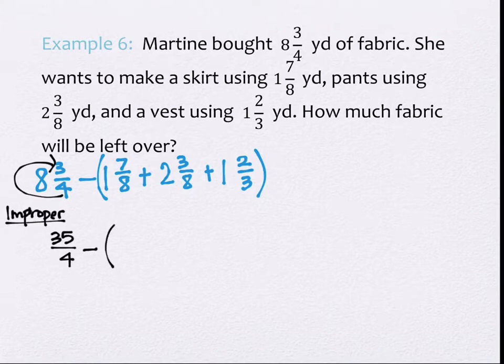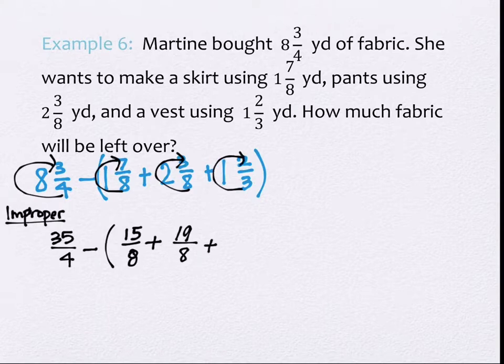And then inside my parentheses, I have 8 times 1, 8, plus 7 would be 15, so 15 over 8, plus, and we do the same thing, 8 times 2 is 16, plus 3 is 19 over 8. And the last one, 3 times 1 is 3, plus 2 is 5 over 3.